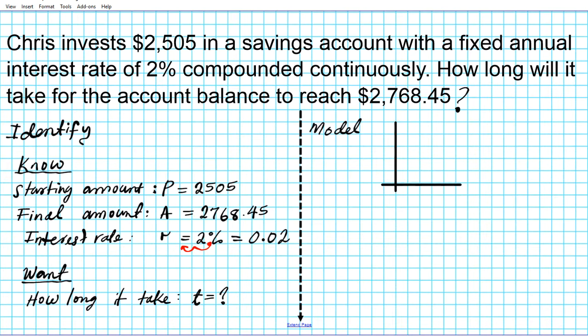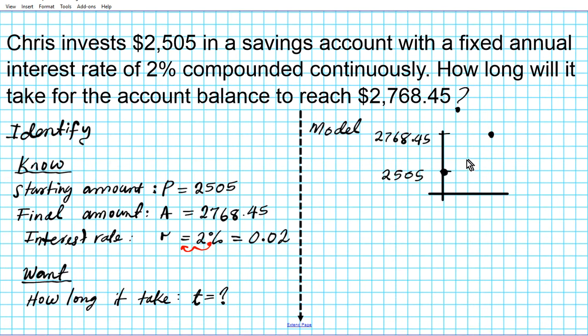We're going to be starting from a particular value, the principal or starting amount. The starting amount is 2,500. This is not drawn to scale, okay? So let's just say that's $2,505. And the goal is to grow this amount to a target amount, 2,768.45, okay, at a future time.